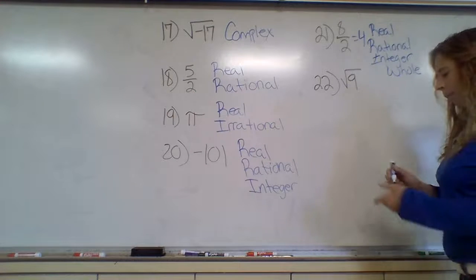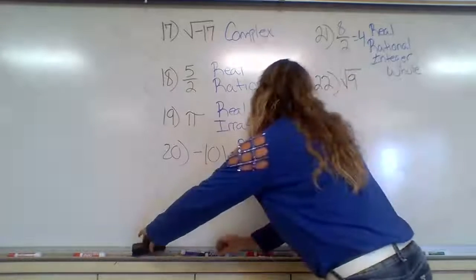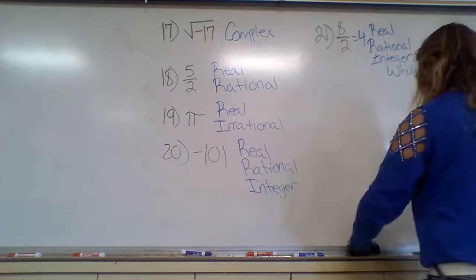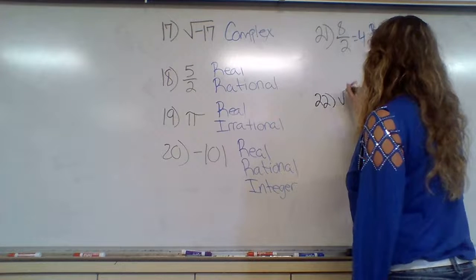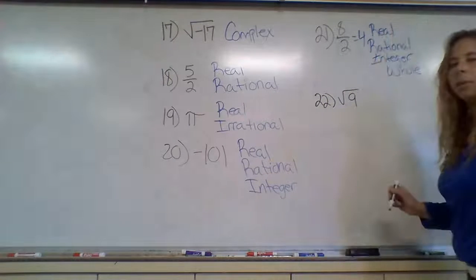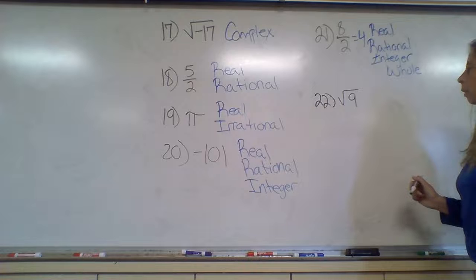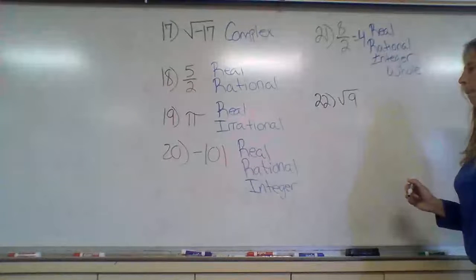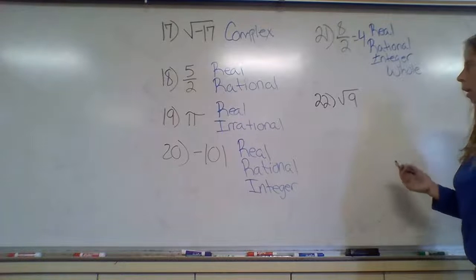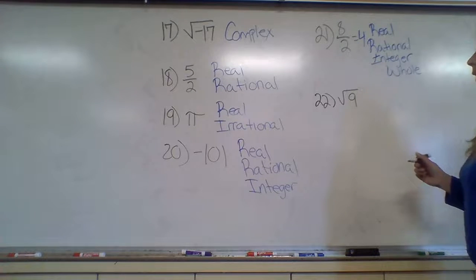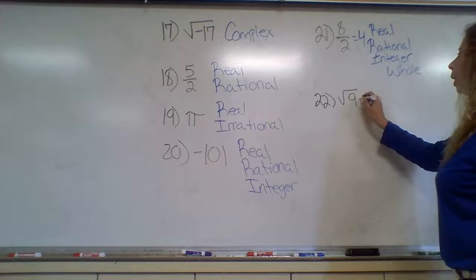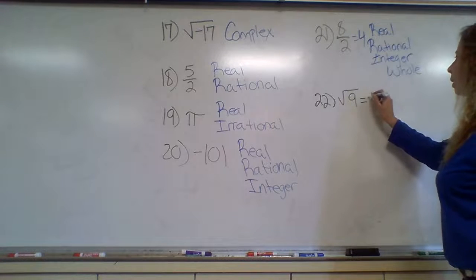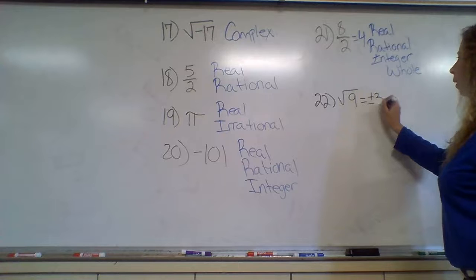Okay, let me move 22 down just a little bit. Okay, 22, the square root of 9. Well, what is the square root of 9? It's going to be positive or negative 3.